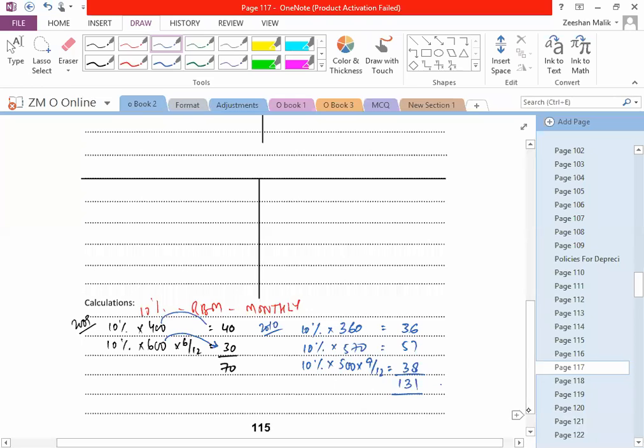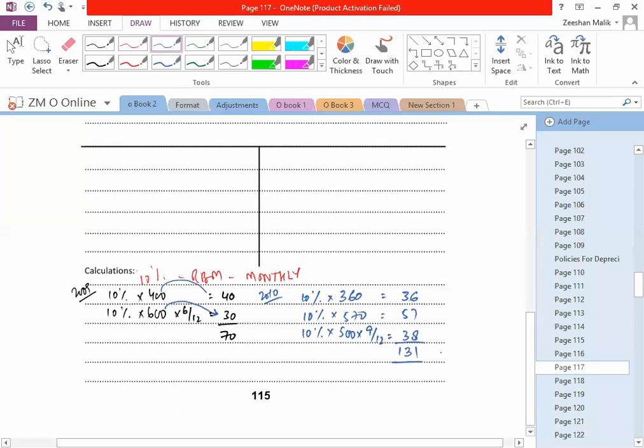Now I want to pass the double entries. For 2009, the double entry will be income statement debit, accumulated depreciation credit with a value of 70. And for 2010, income statement debit, accumulated depreciation credit 131.